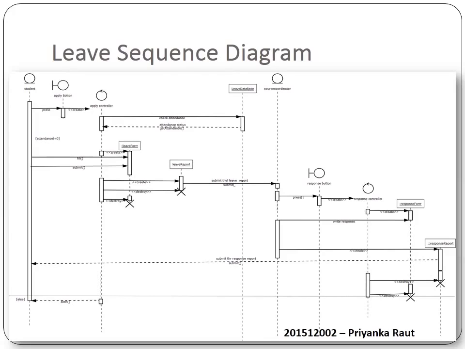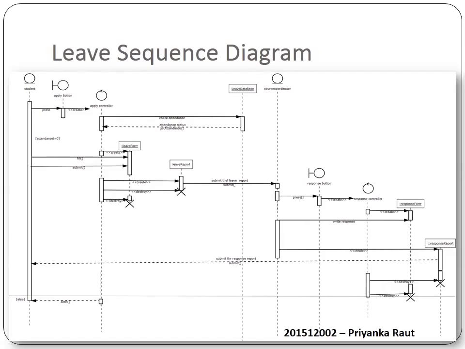Now, the course coordinator will press the response button to give his response to that application. The response controller will be generated after clicking on the response button. This response controller will generate a response form in which the course coordinator will write his response.